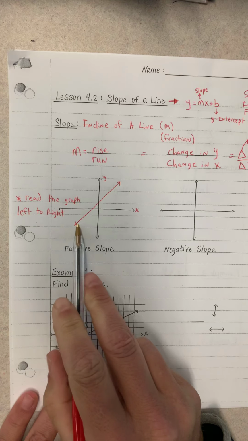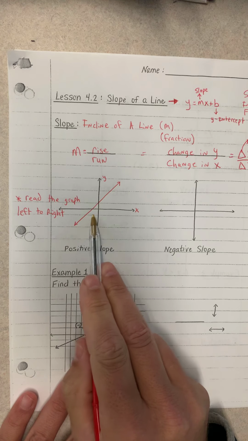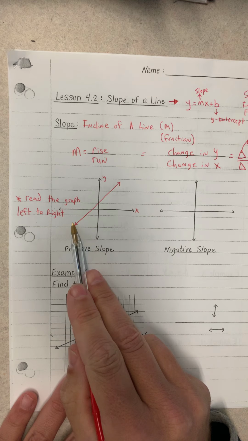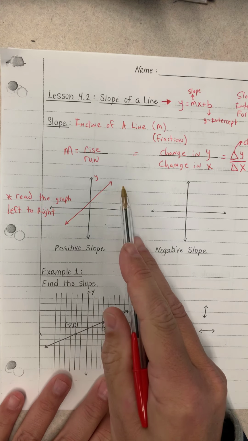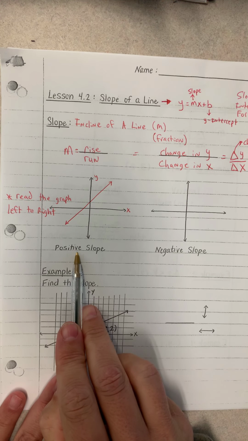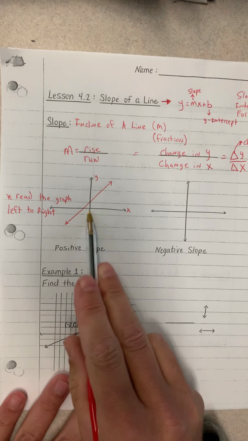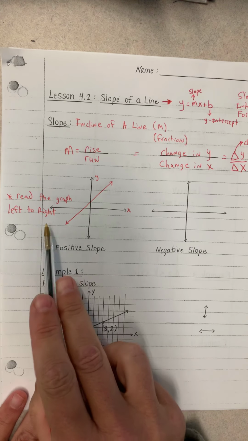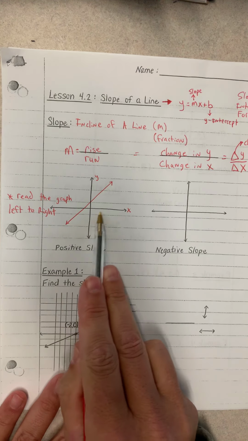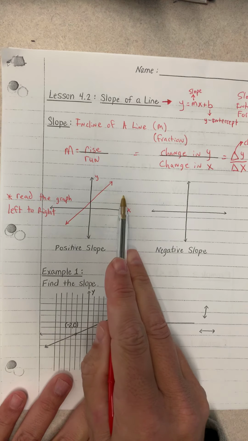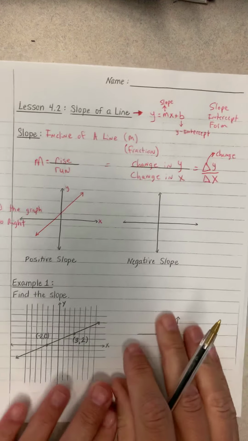I read this graph left to right. I'm looking at this line right here. This line is rising. It has positive slope. This incline is positive. When I read the graph from left to right and my line is increasing or going up, we say that has positive slope.